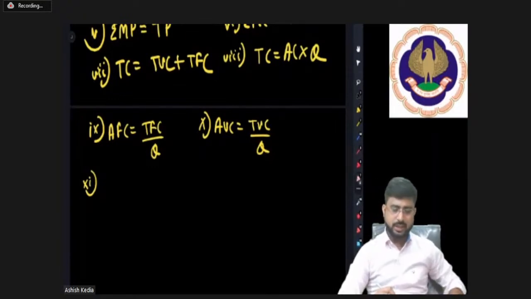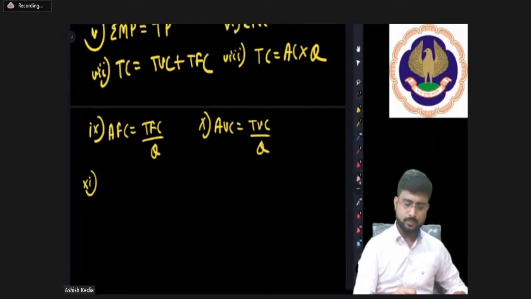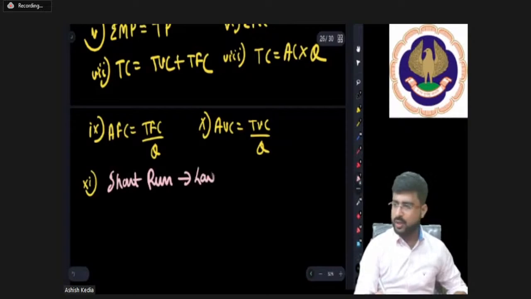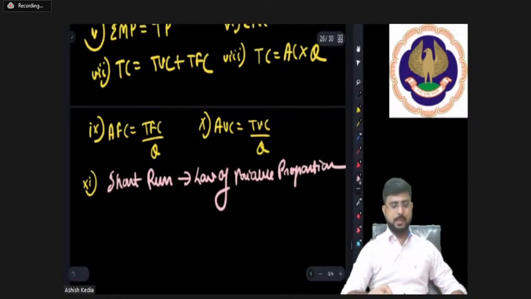So the other head that I'll talk about right away is number 11. Pay attention, everyone. In the short run, it is the law of variable proportion that operates.